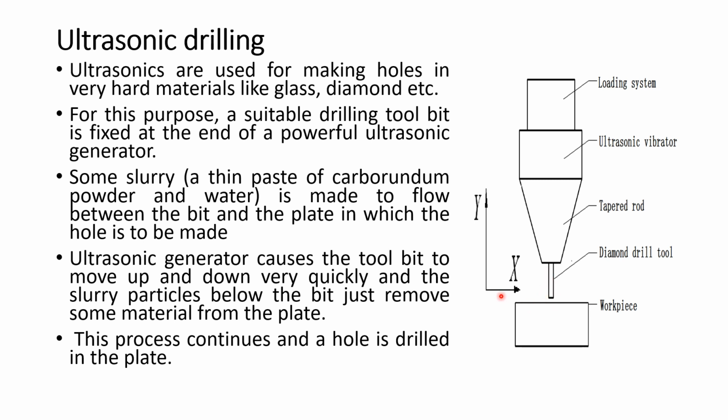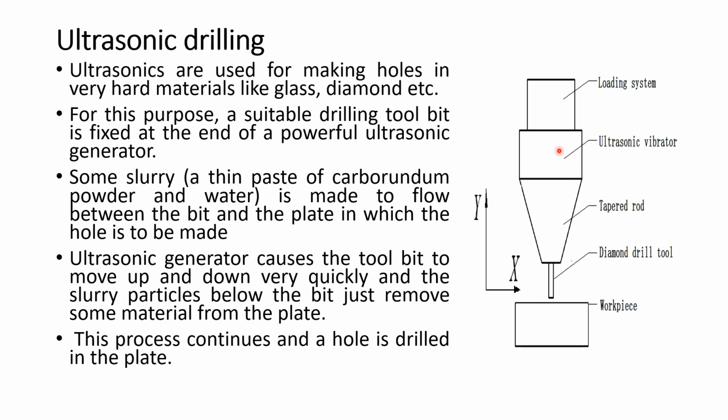Some slurry material. What is a slurry? It is a thin paste of carborundum powder and water. It is made to flow between this tool bit and the workpiece. Ultrasonic generator causes the tool bit to move up and down very quickly.